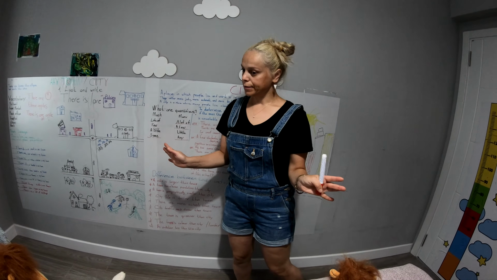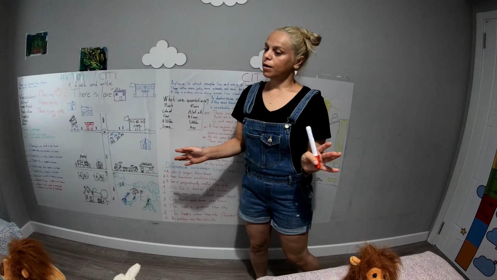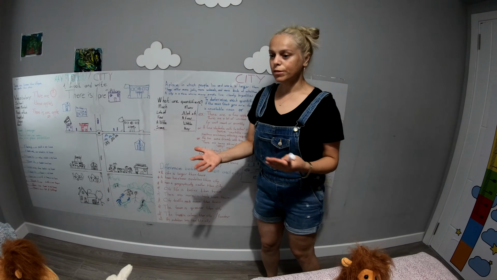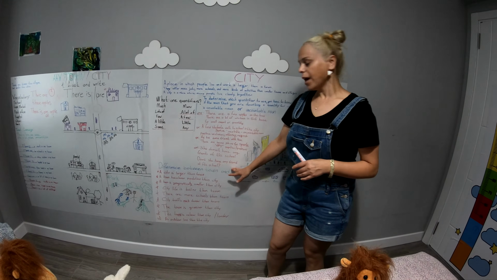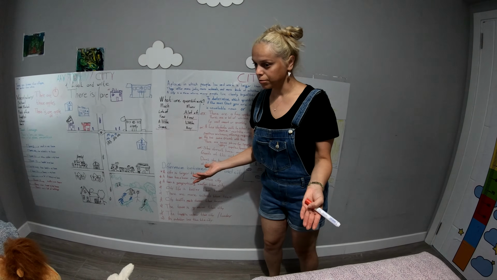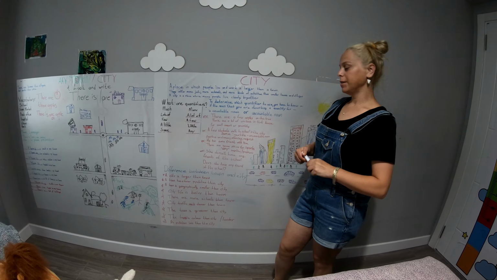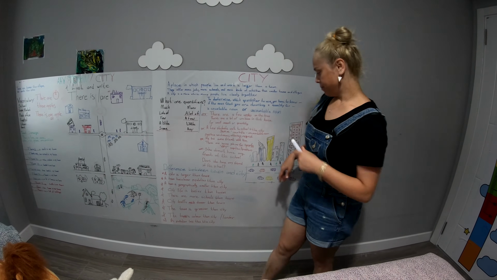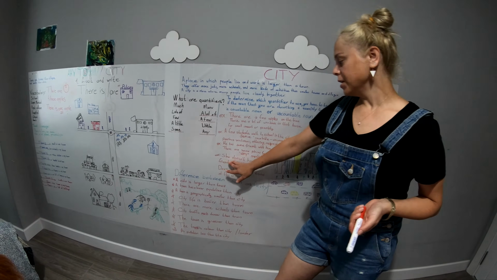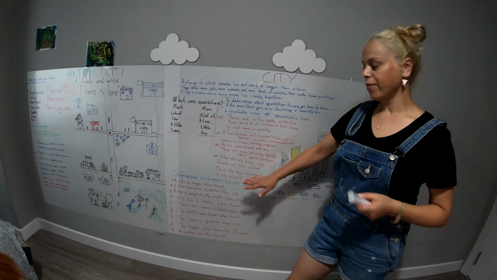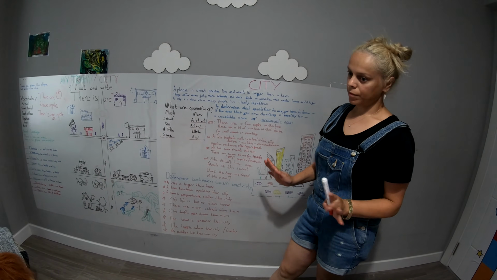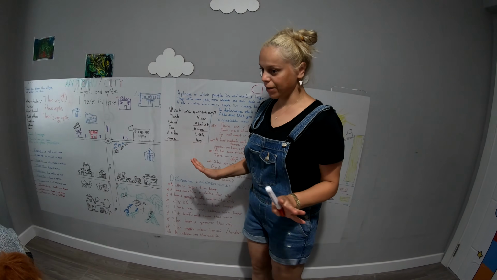Or a positive answer: yes, I have. Very good. And in a question, does she have any friends at this school? Yes, she has. And she doesn't have any friends at the school. This is a negative answer.